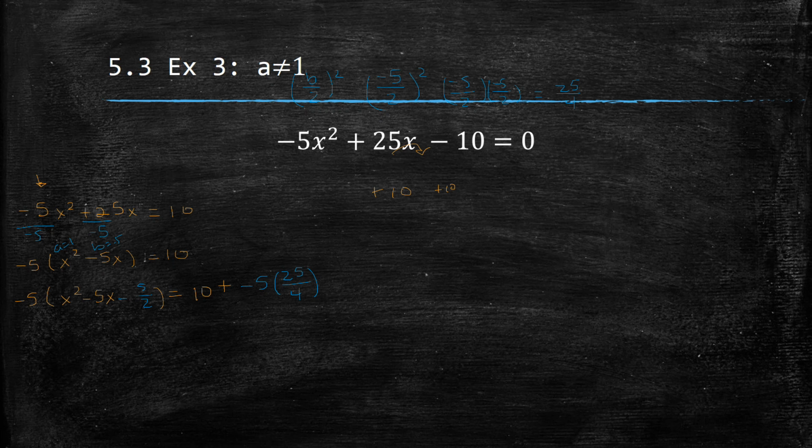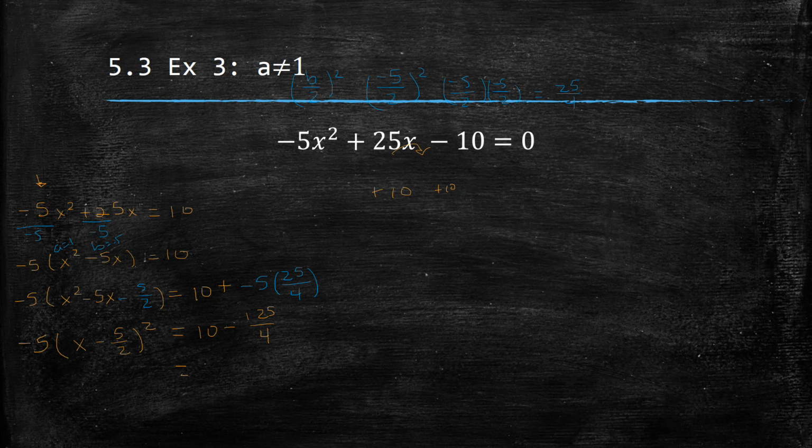So let's go ahead and simplify this right-hand side. So we have 10, it's going to be minus 125 over 4. On the left-hand side over here, I'm going to go ahead and break it up into our factored form already, so that we have x minus 5 over 2 quantity squared is equal to 10 minus 125 over 4.